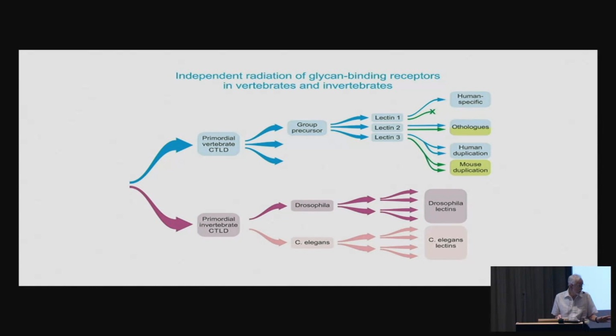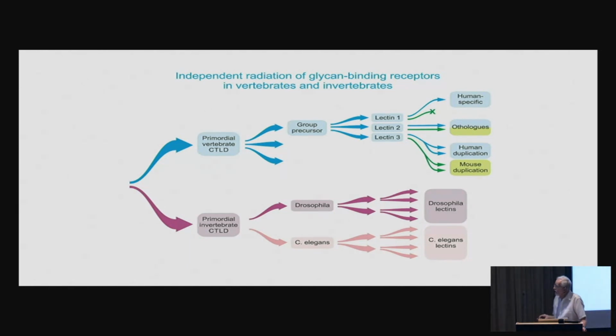You've already heard that it's different for different lectin families. But within the C-type lectin family, there are no examples of proteins that clearly existed in the progenitor and have subsequently evolved. The domain existed, but there have been no proteins that otherwise are similar.